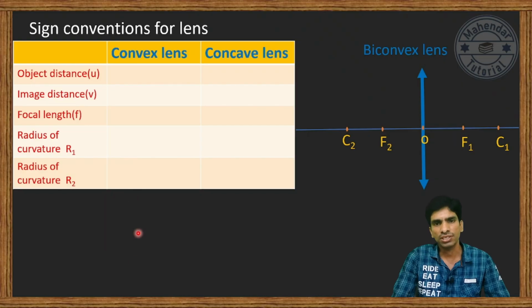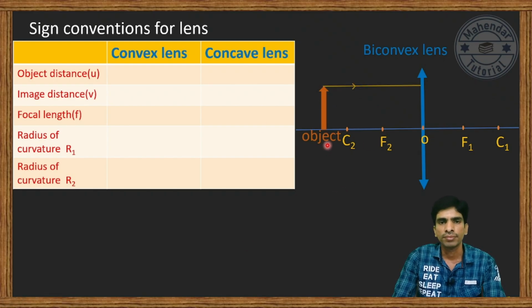First, object distance U. Here is the object, and the direction of the incident light is moving from left to right. According to the first rule, all the distances must be measured from the optic center, so from this point we have to start measuring.